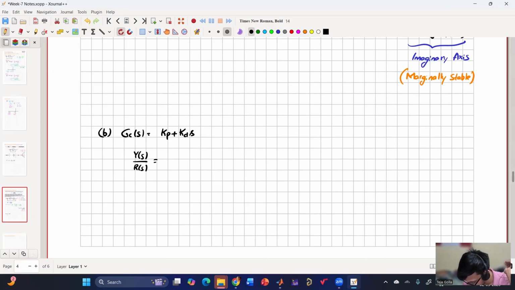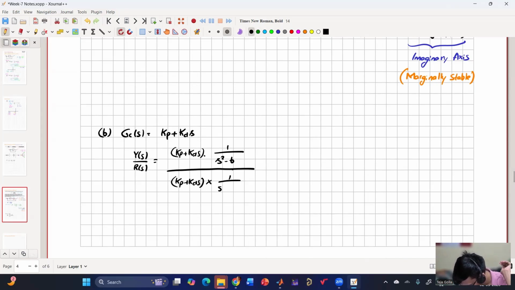So now this will be Gc, Kp plus Kd s, into the plant transfer function 1 by s square minus b, divided by 1 plus Kp plus Kd s into 1 by s square minus b. If I calculate this, it will be Kp plus Kd into s in the numerator.